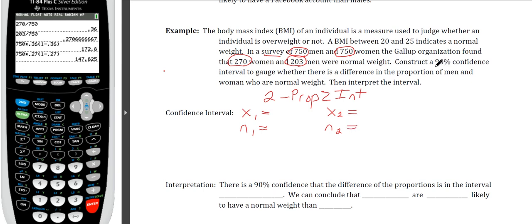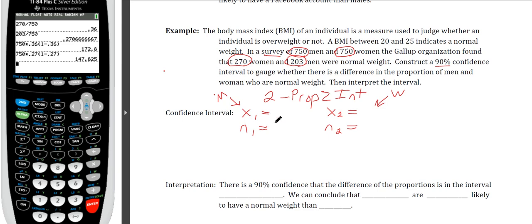We want a 90% confidence interval to gauge whether there's a difference between the proportion of men and women who are normal weight. So I'm going to say that this first group is for men, and that this second group is for women. You can reverse this and still analyze the interval the correct way. This one just doesn't give us a specific direction.